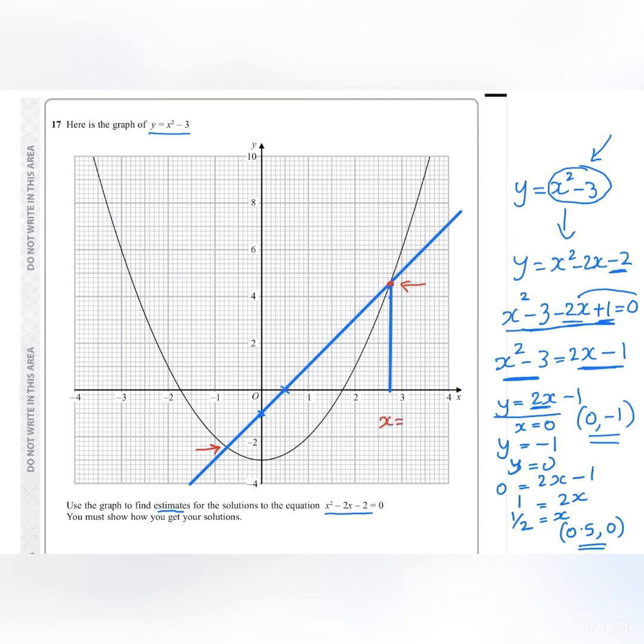So x is 2.7 here, and then on the other side here, this is going to be minus 0.78 between there, minus 0.8 I'm going to go for. Okay, so we've got two solutions, x equals minus 0.8 and x equals 2.7. So again, these are approximate estimates, and you should get a bit of leeway if you haven't got these numbers exactly right.